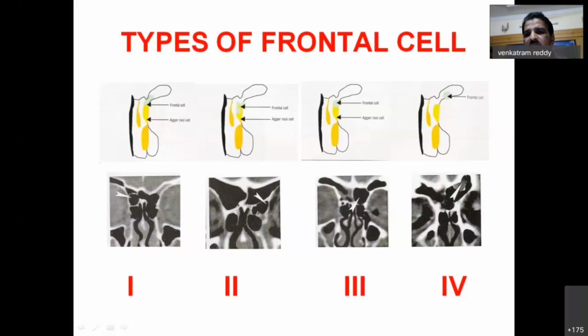Still, I can't see the diagram completely. Sir, that I cannot control from here. Okay. Yeah, now I can see here.